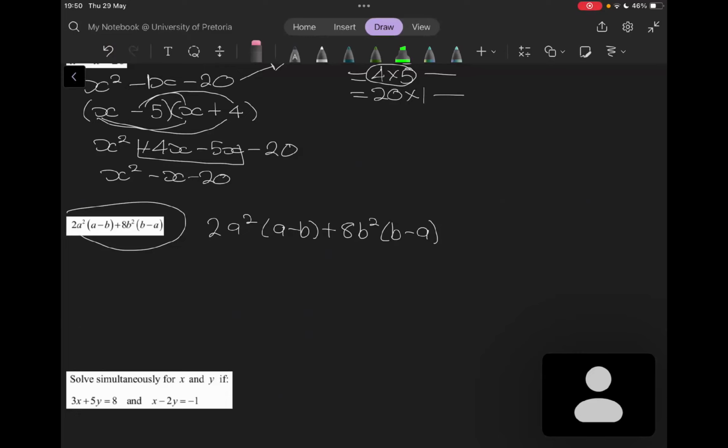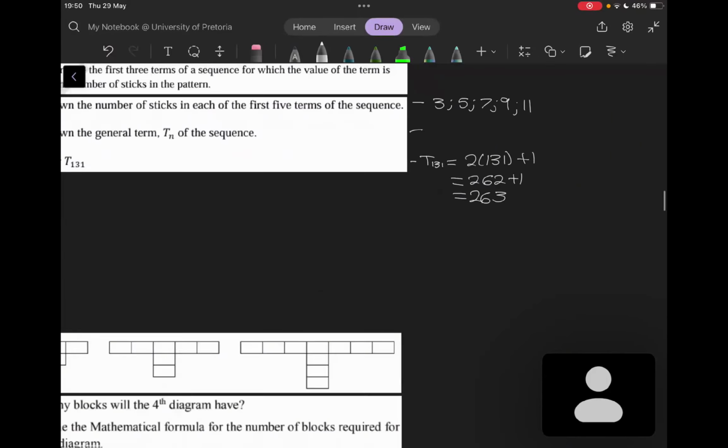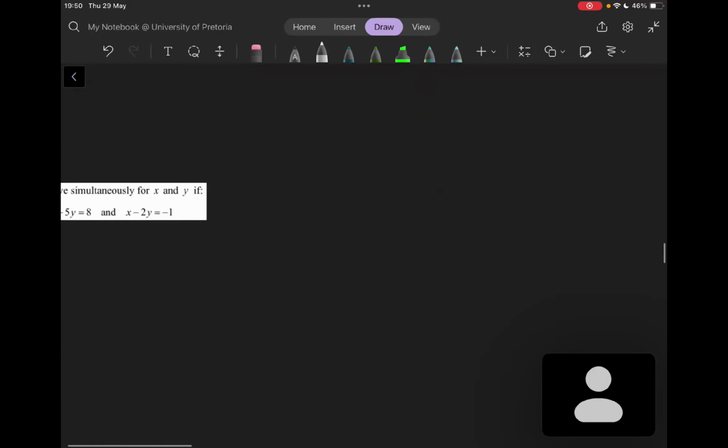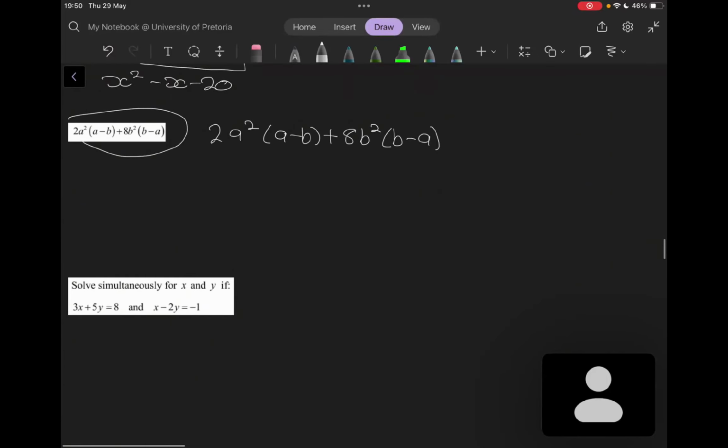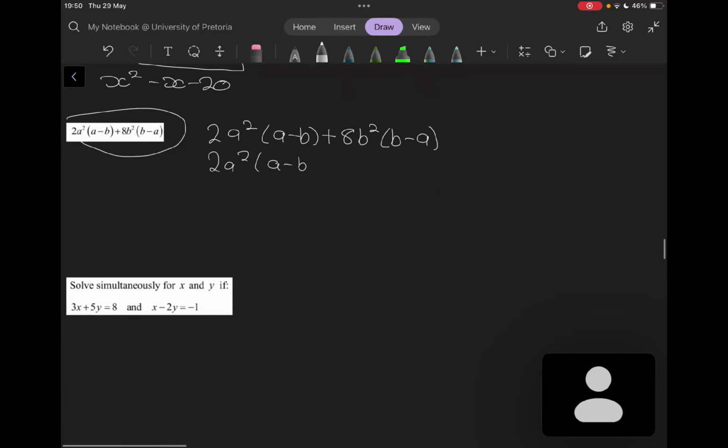Now let's continue on. Let's try to simplify it. We end up with 2a squared times (a minus b) plus 8b squared. We have now taken out or multiplied in a negative one, right?